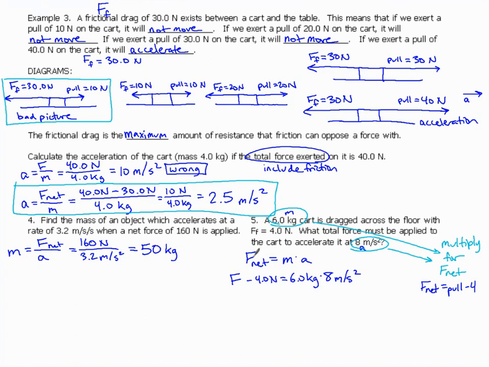So net force equals 6 times 8, and that's what we were looking for here. But we want to know the force of the pull. So the net force is F minus 4. The net force is also 6 times 8.